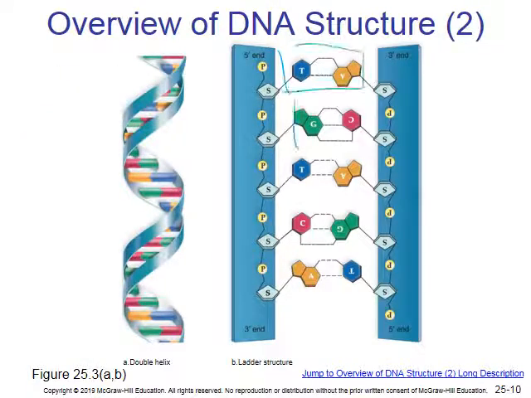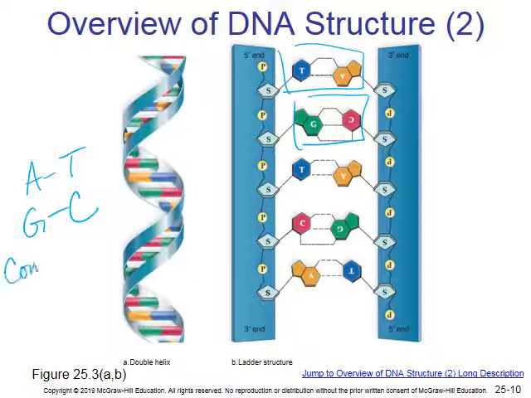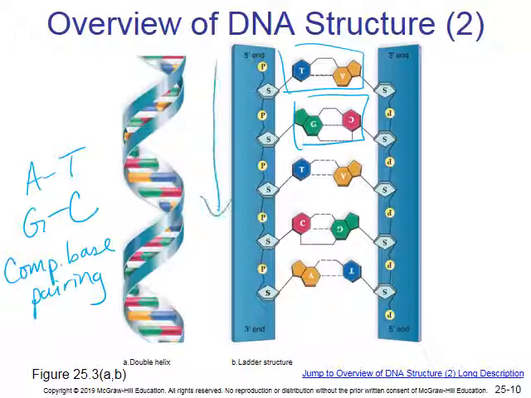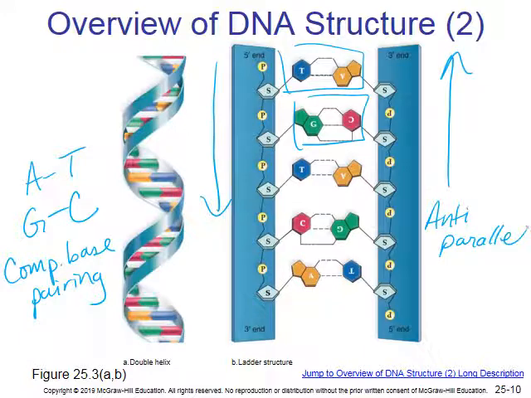So this base pairing that's always A to T and C to G is called complementary base pairing. Another thing to notice is that one strand is running in the opposite direction, but they're still parallel. So they call this anti-parallel.